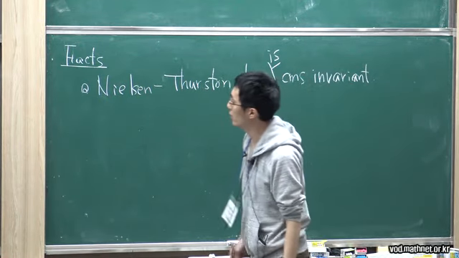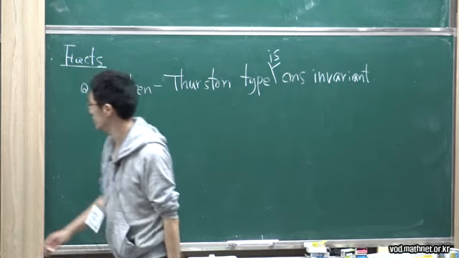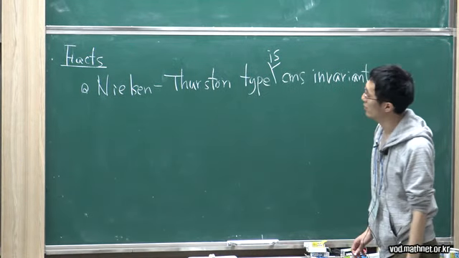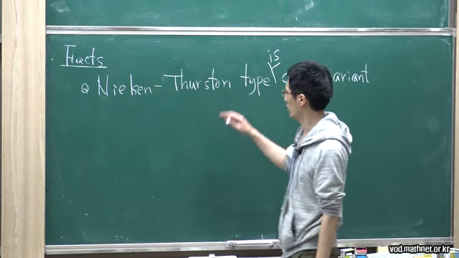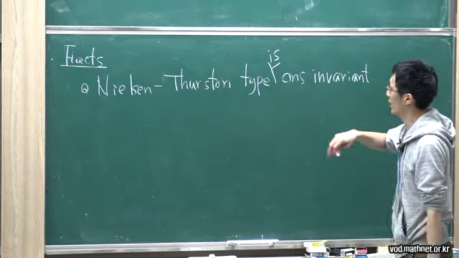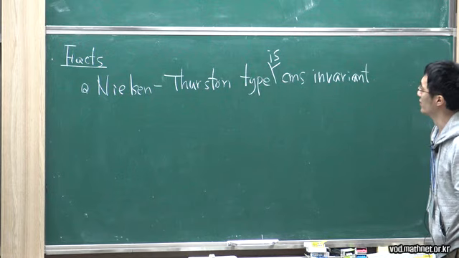And then, if we have this condition, we have a classification of mapping classes by the dynamics on the surface. This is called the Nielsen-Thurston classification.